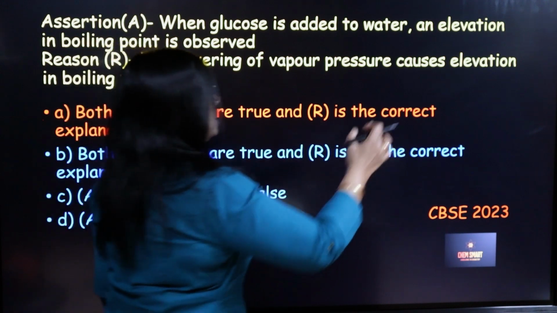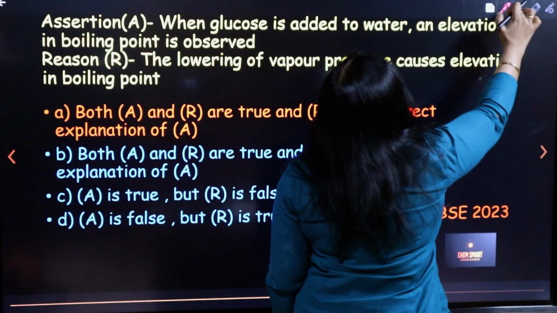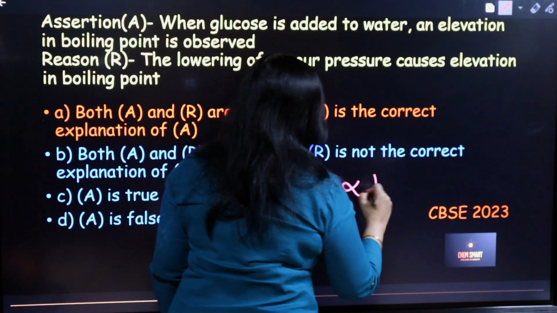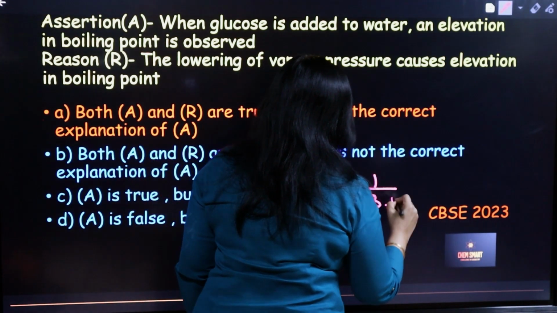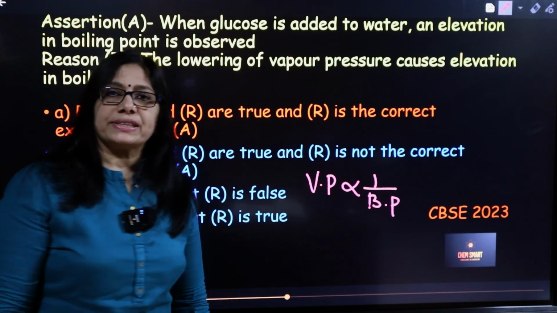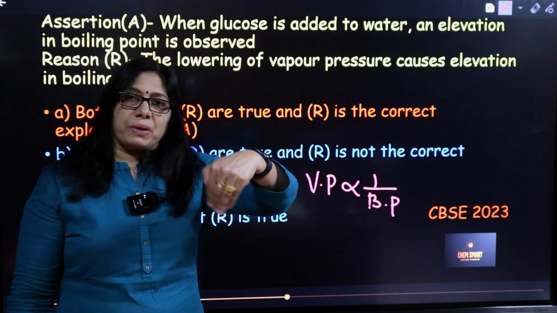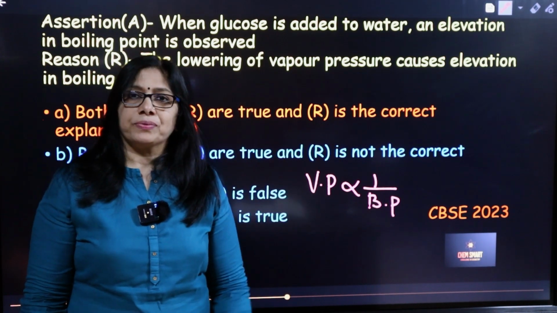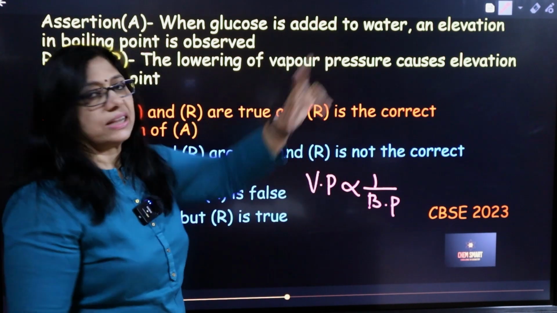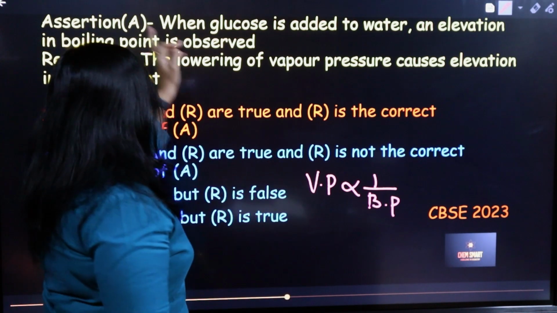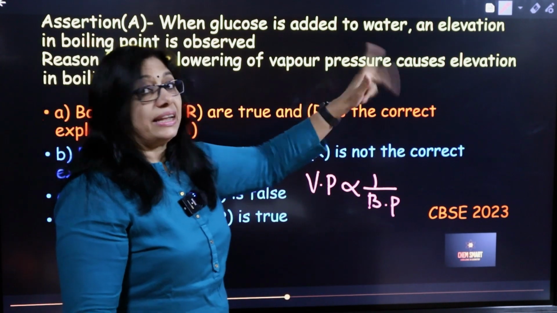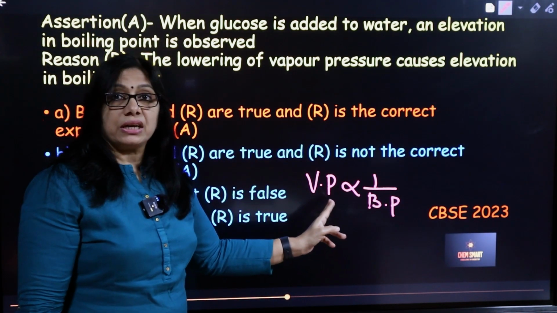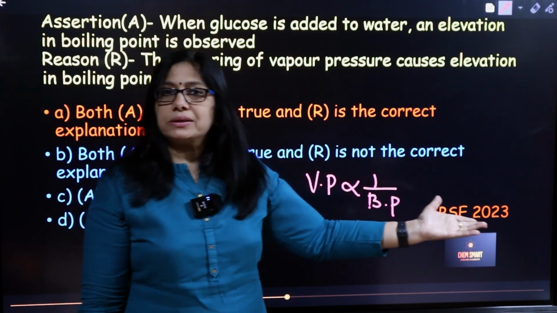And you have studied in 11th standard that vapor pressure is inversely related to boiling point. So what is happening here? When vapor pressure is getting lowered, boiling point will get elevated. So check the statements given to you. When glucose is added to water, an elevation in boiling point is observed, because vapor pressure is getting lowered and boiling point is getting elevated.